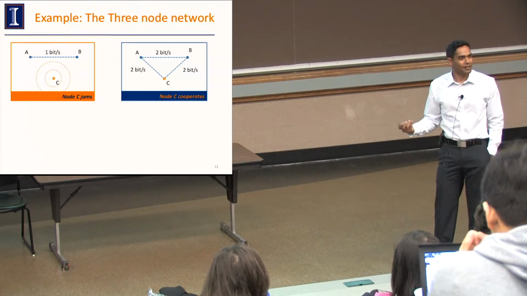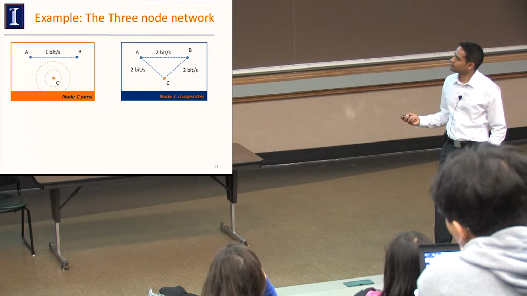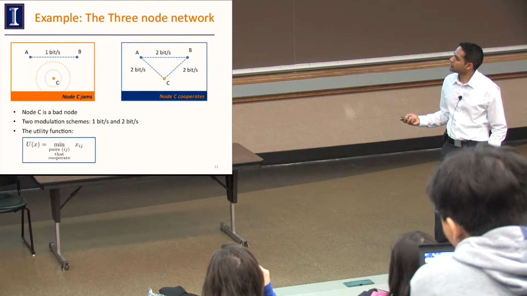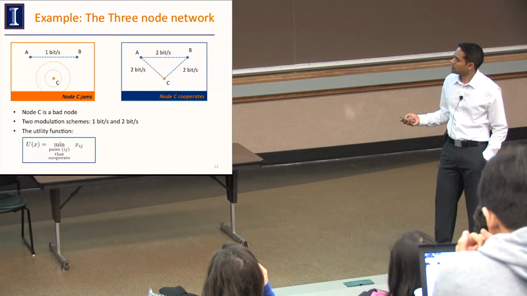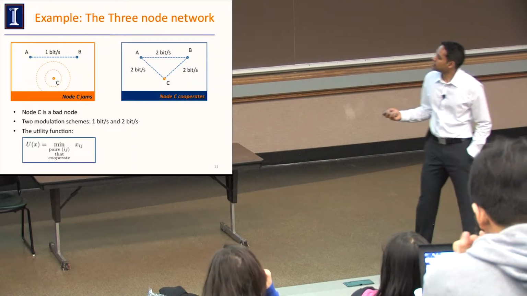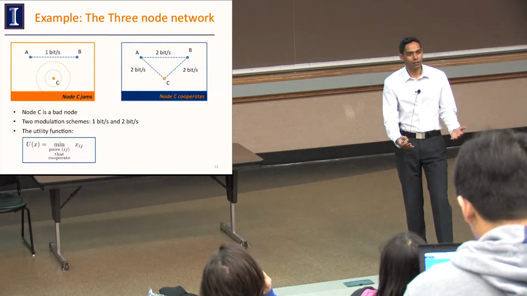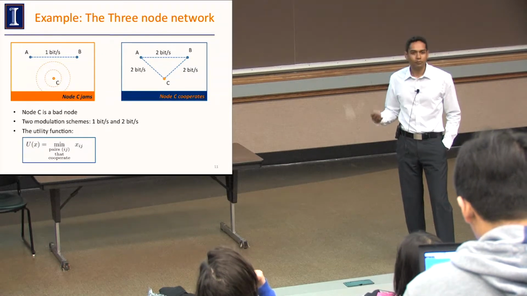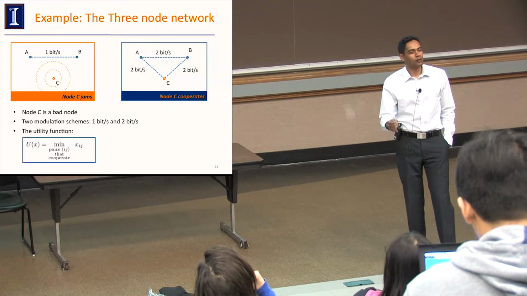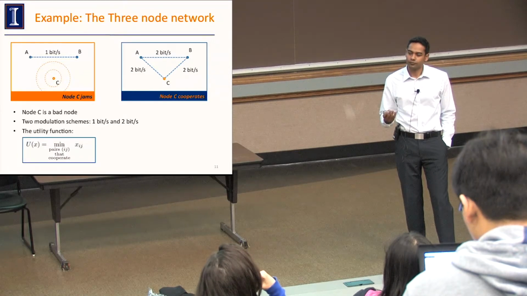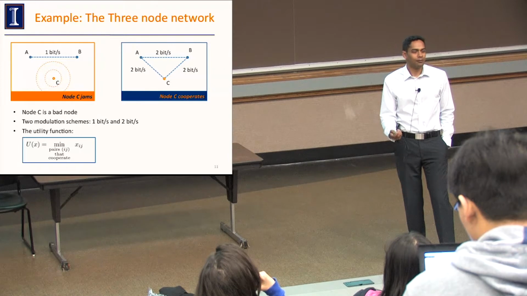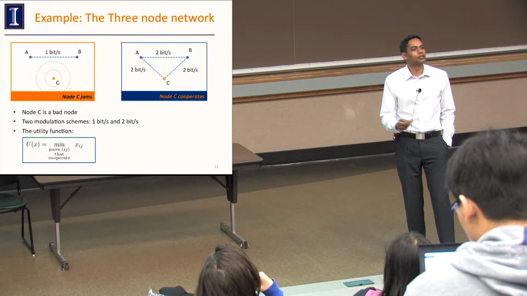So what happens in cases like that? And how can I even talk about the utility of a network when I don't know which nodes are good or bad? Which nodes do I care about? I don't know which nodes are good or bad.